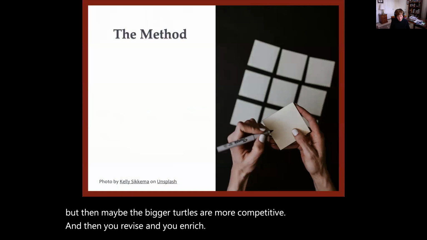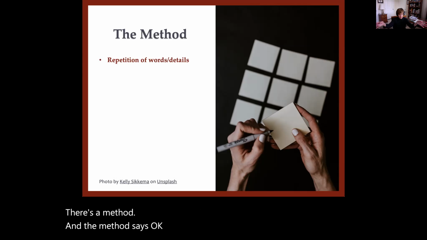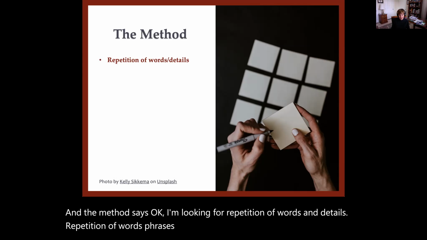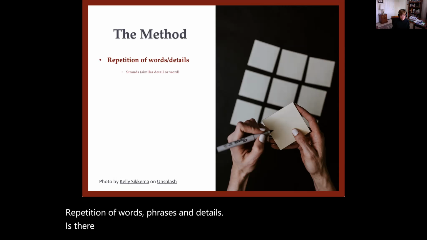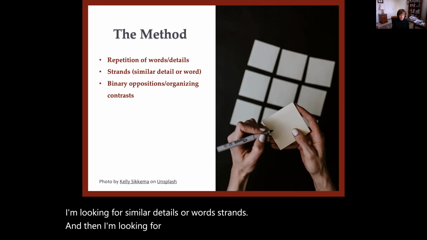Now there's a method. And the method says, okay, I'm looking for repetition of words and details. Repetition of words, phrases, and details. Is there a pattern? I'm looking for similar details or words, strands. And then I'm looking for binary oppositions, organizing contrasts.